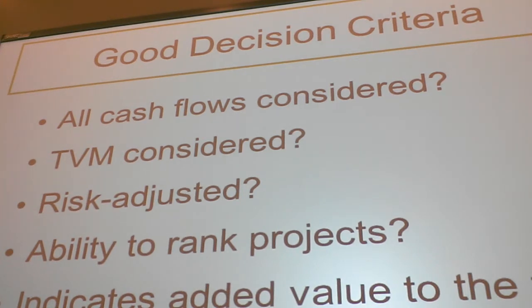Is the time value of money, or TVM, considered? And we've discussed what the time value of money is in past classes. Is this decision to invest in this plant risk adjusted? In other words, how much are we taking into account risk?